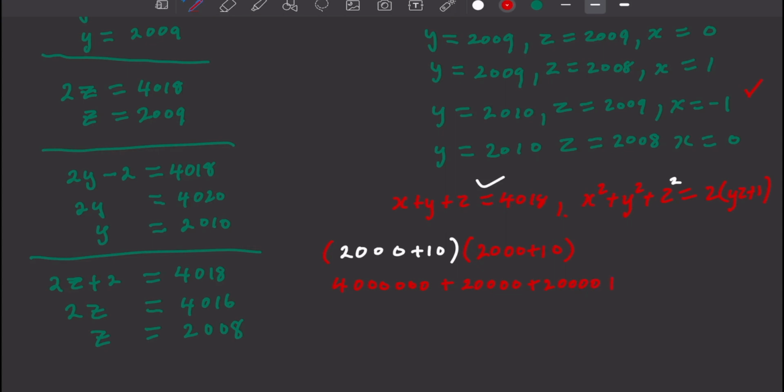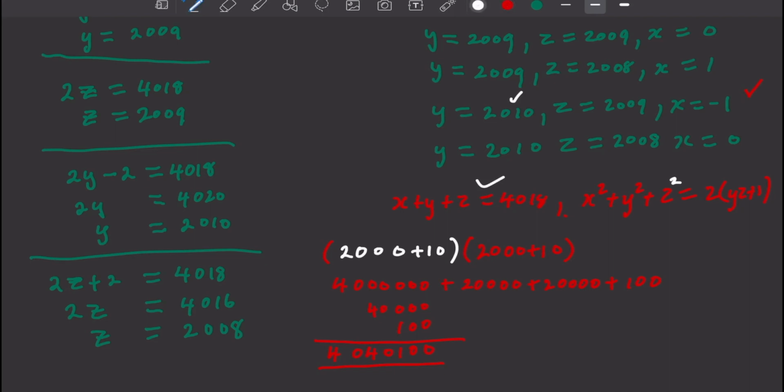And then we're going to add 10 times 10, which is 100. So that's going to be 40,000. So I put 40 there. And 100. Add that together. So we've got 4,040,100. So that's this squared.